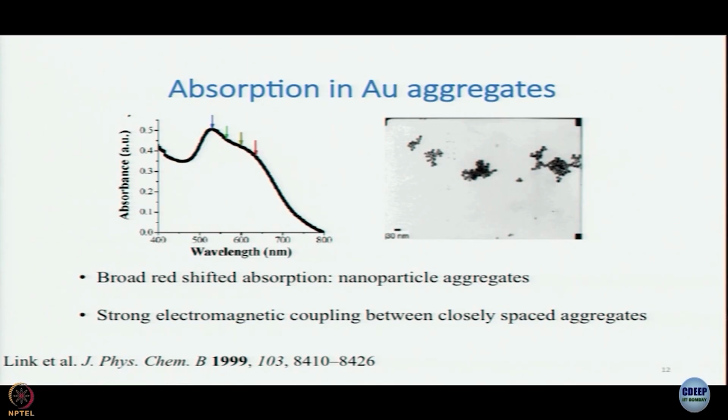They did not really bother about crystallinity, but what they did is, once again this is Link and El-Sayed paper, they prepared aggregates of gold, and what they saw is that immediately in the absorption spectrum you see that you do not have a single surface plasmon band. It is quite broad, and the idea is that the surface plasmon band comes from different kinds of gold aggregates. That is why you do not get a nice Gaussian band or anything.